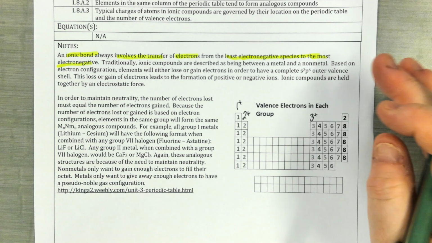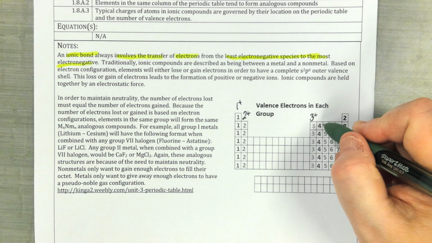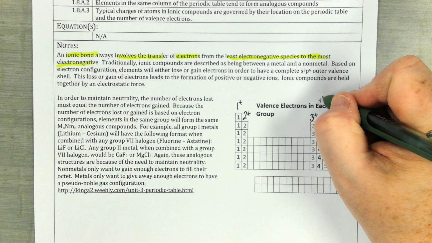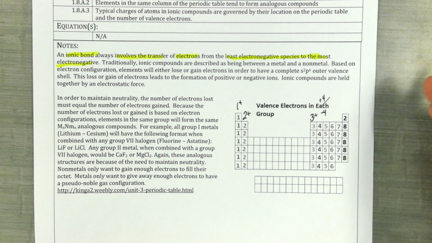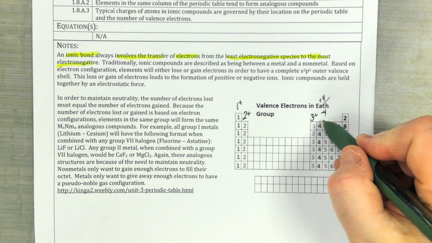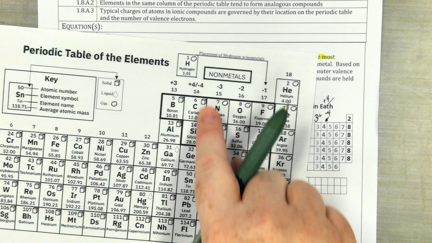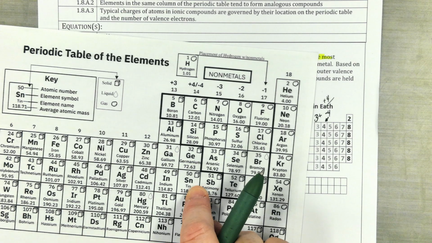Now, once we get to group 14 or group 4, it's got a positive, and I'm going to put positive 4 slash negative 4, because in group 4, you've got some nonmetals that want to gain, and you've got metals that want to give away the valence electrons.